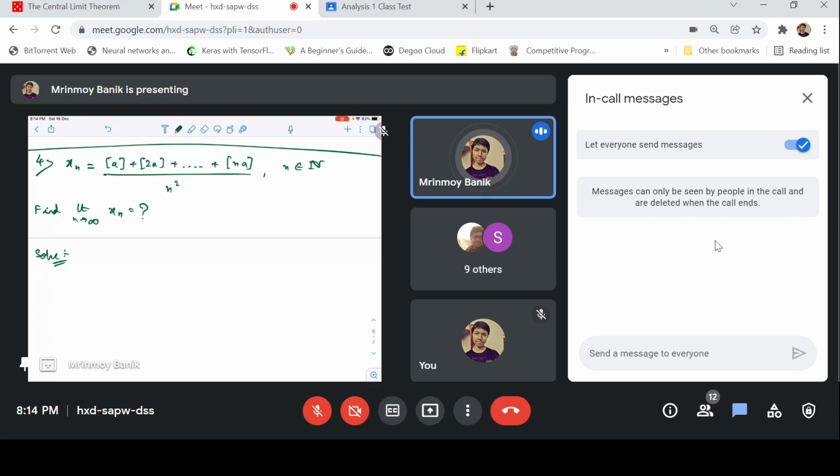So the natural bound for floor of x is obviously x minus 1 and x. So just use it.